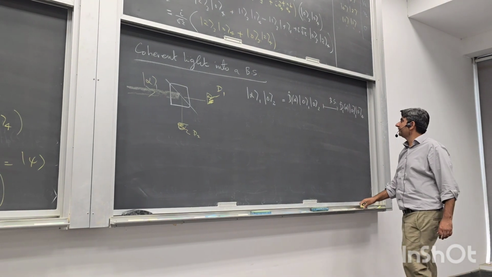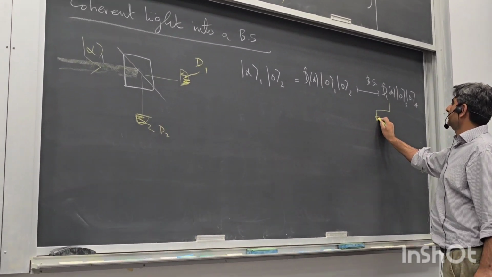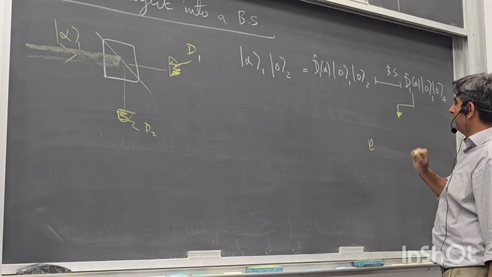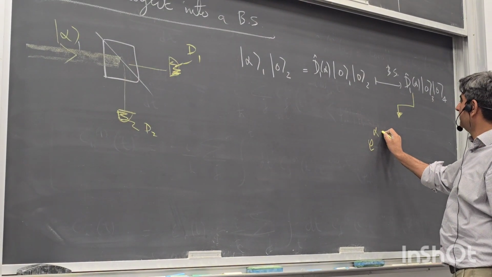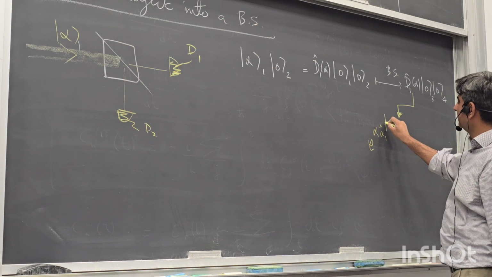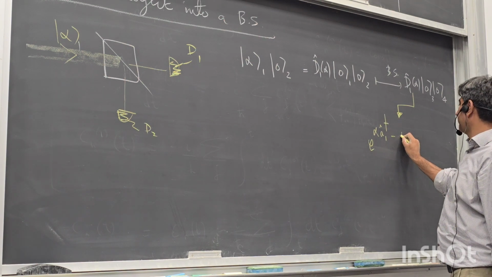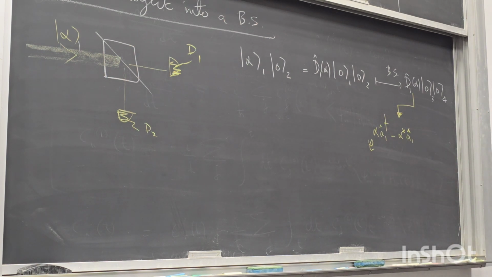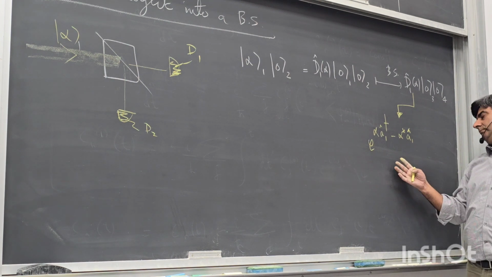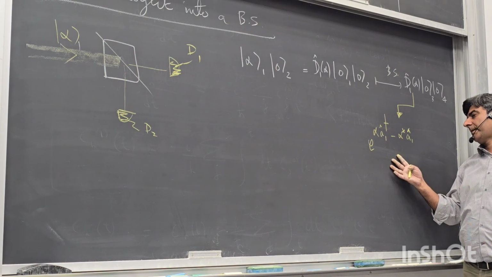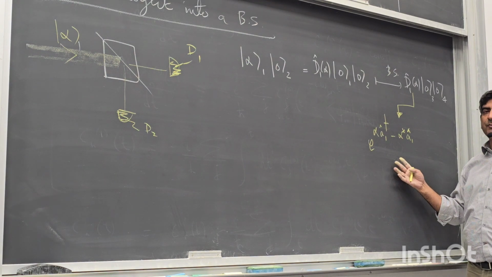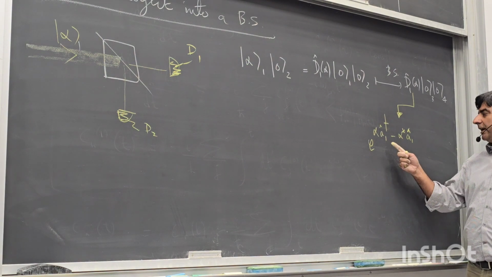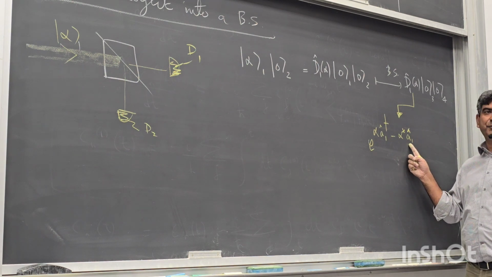Now D1 alpha, this thing we do know is e to the power alpha A1 dagger minus alpha star A1. Now if I use the Baker-Campbell-Hausdorff formula here, BCH formula here, I know that A1 dagger does not commute with A1.